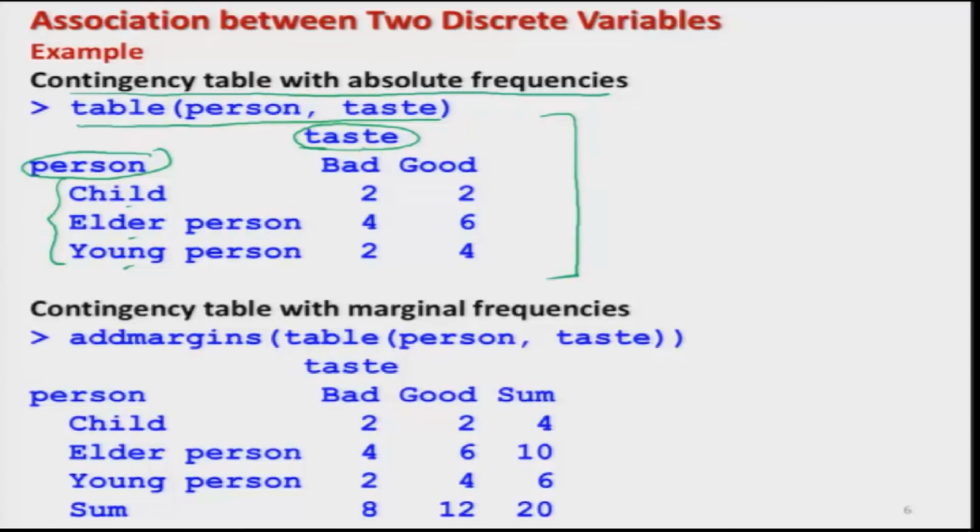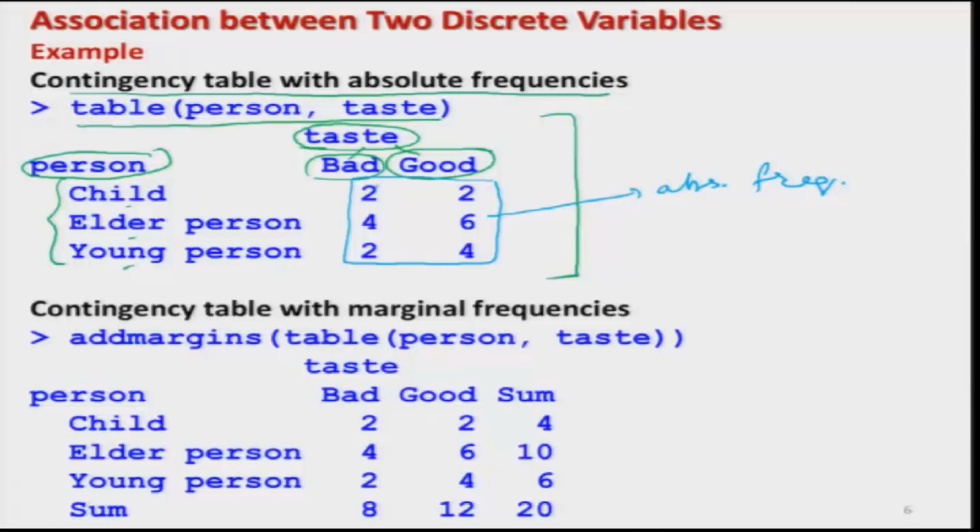Similarly, taste is divided into two categories, bad and good, and this classification has been done by the R software automatically by counting how many persons are in which category. Now this is your contingency table data, the frequencies. So these values are your absolute frequencies.